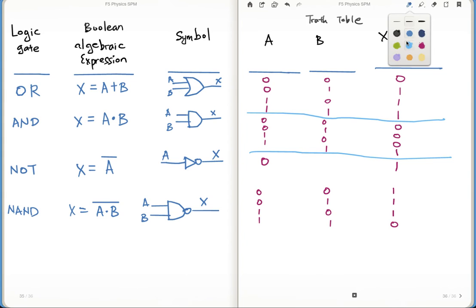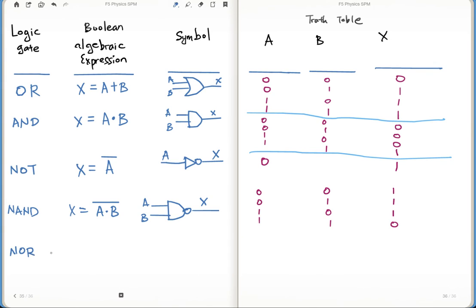The fifth one, they call it NOR, not OR. The output is equal to OR, which is plus, and not, meaning you will have a bar across. I can write again, sorry for the background noise.